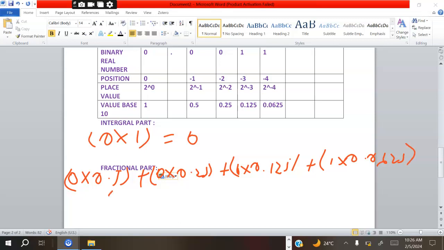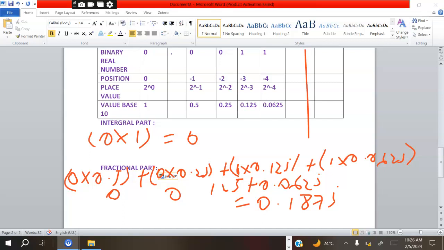So this is 0, this is 0, and the other part is 0.125 plus 0.0625, which gives us a total of 0.1875.